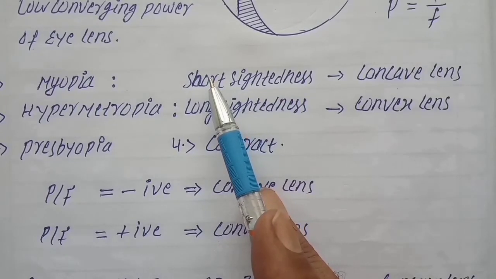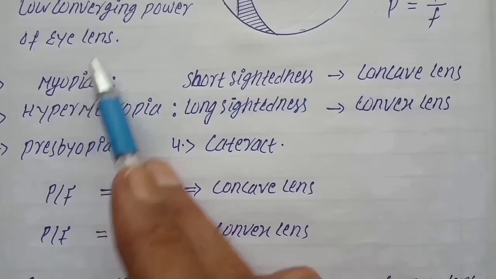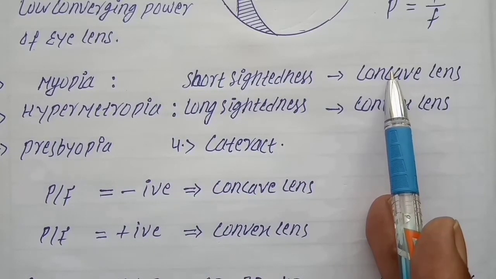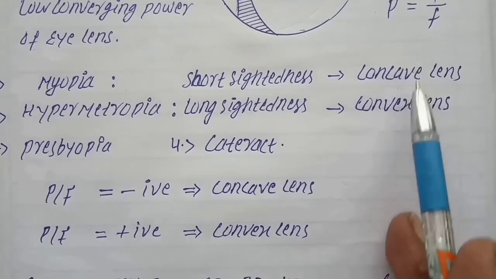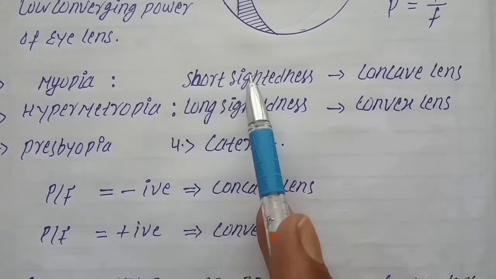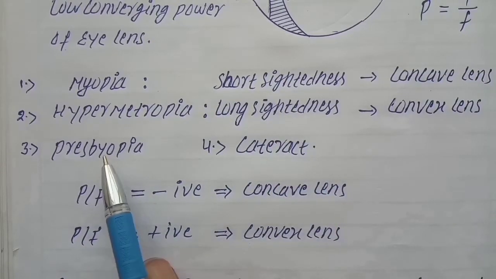In this case, means short-sightedness or myopia, can be corrected by concave lens. So we can recognize the defect on the basis of concave and convex lens, also on the basis of short distance and long distance. Next is presbyopia.